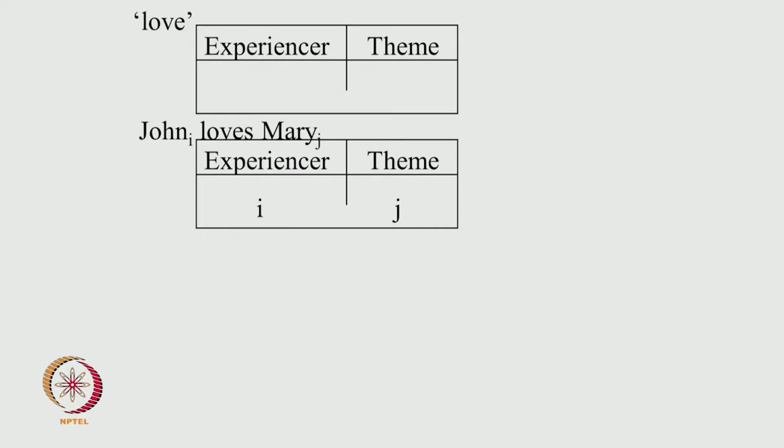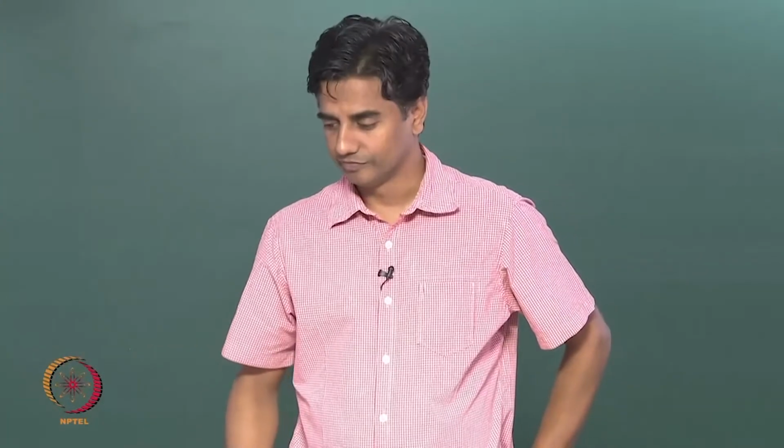So when we say John loves Mary, at a semantic level, if both the grids are filled, that is, both the arguments are present, John and Mary, do you see the co-indices there for this verb, then the sentence is grammatical. Semantically speaking, the sentence is okay.